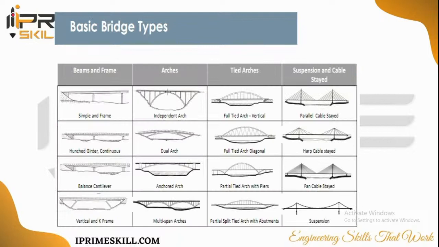So here we have some of the types of bridges in a pictorial representation. You can see the beam, simple and frame bridge, independent arch bridge, and when you talk about arch bridges, side arches, then suspension and cable stayed. So this is a suspension bridge. This is a cable stayed bridge.